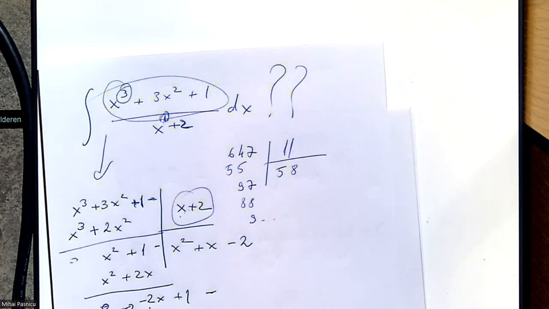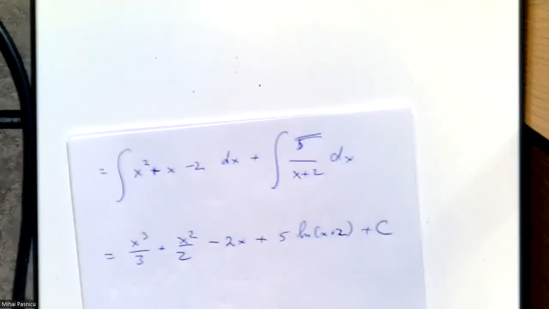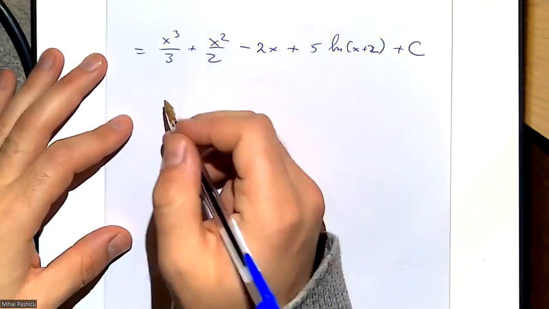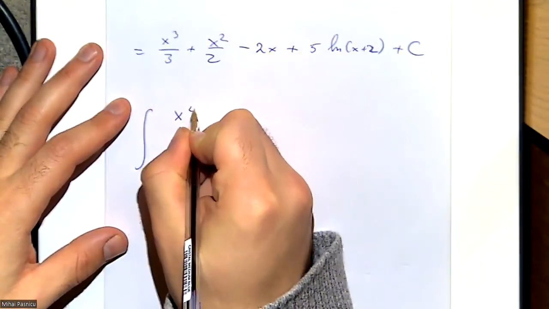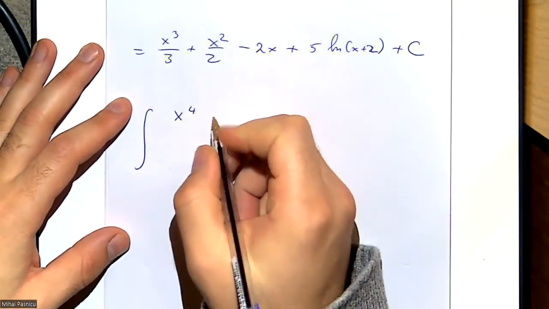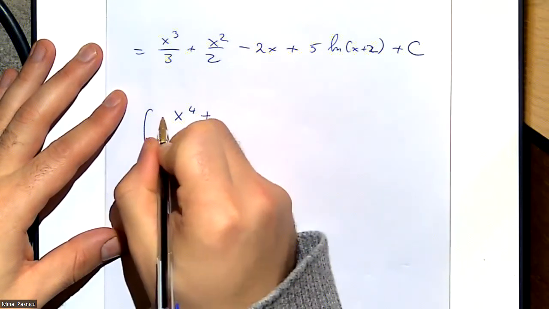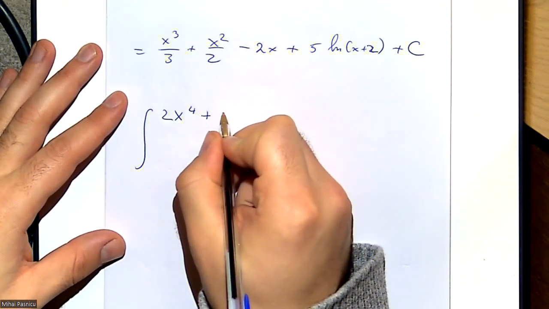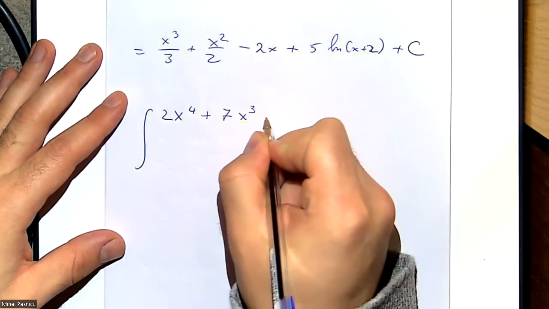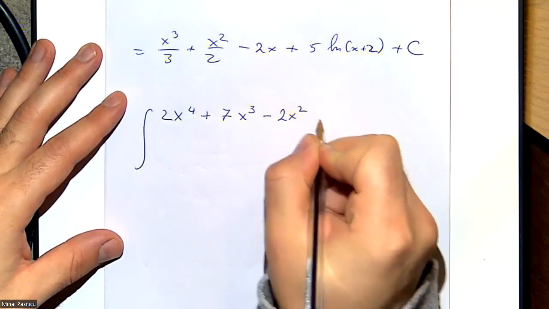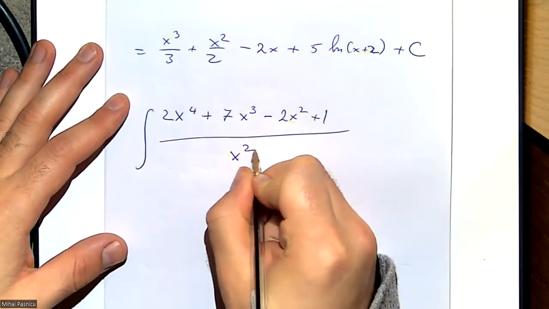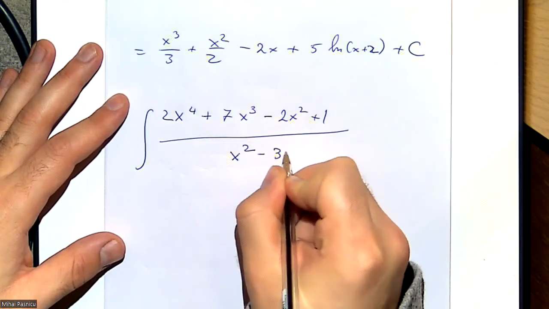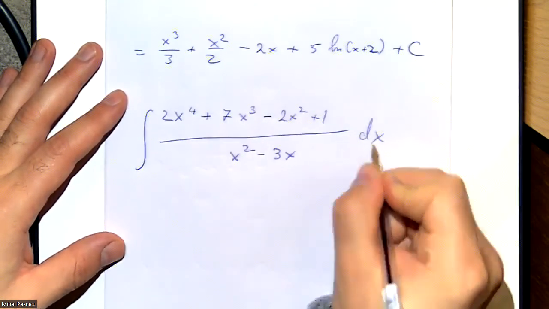You do it yourself. Let's see if you can divide, and then I will divide here. Let's try the integral of 2x fourth plus 7x third minus 2x squared plus 1 over x squared minus 3x dx.